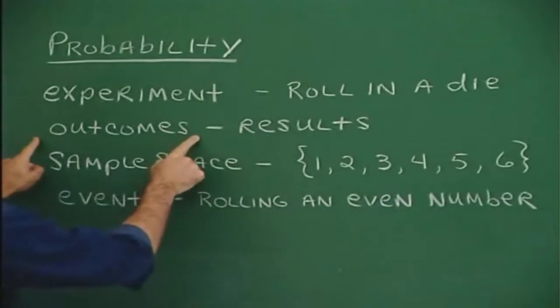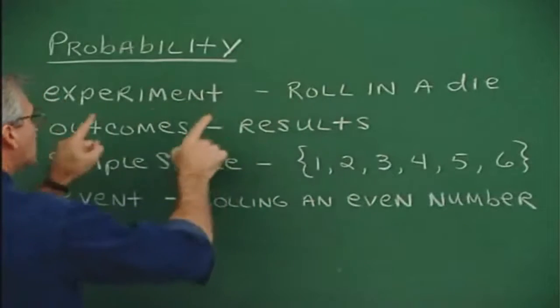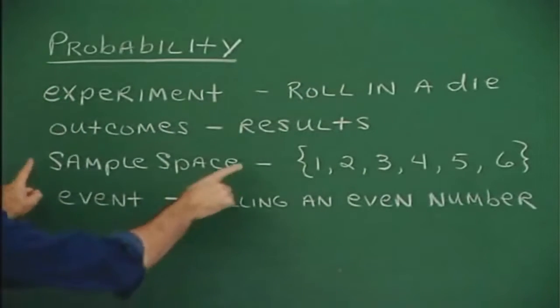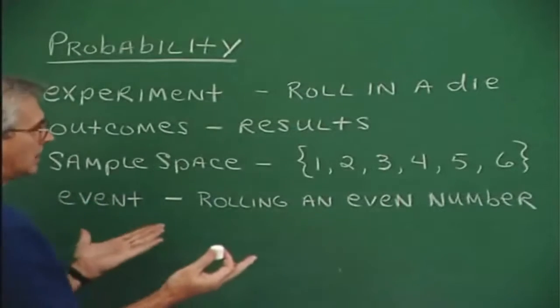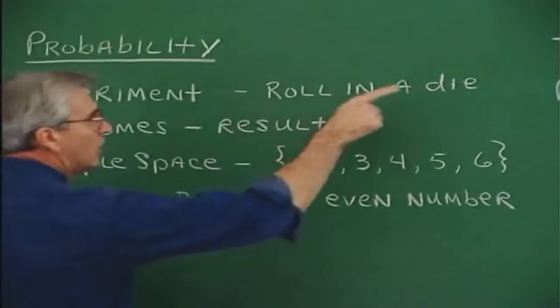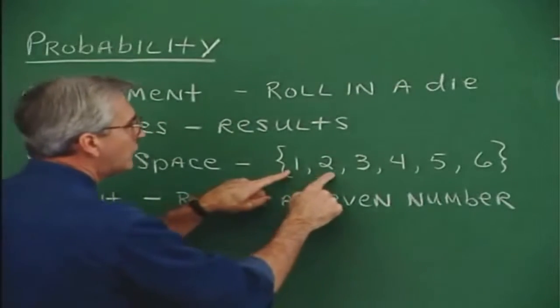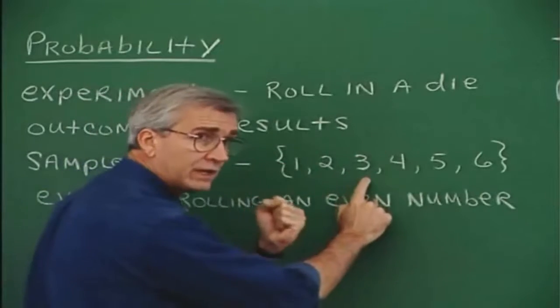Okay, the outcomes are the results of the experiment, so we don't know the outcomes of that experiment. Sample space would be the list of all of the possible outcomes for the experiment, and all of the possible outcomes for rolling a die would be 1, 2, 3. You see, when we roll the die, we could get a 1, we could get a 2, we could get a 3, and so on.